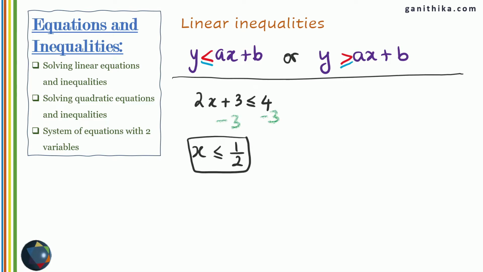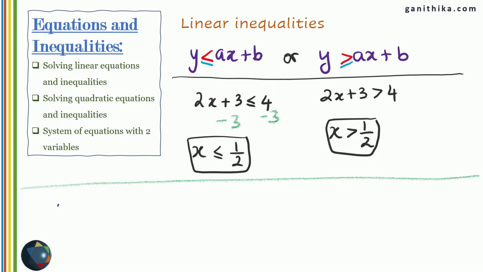But while making x the subject, you will have the sign less than or equal to instead of equal to here in the answer. The same goes with greater than. You'll solve this in the same way as you did for equation, but the final answer will be x greater than half, which means you have a set of solutions. All the x values which are greater than half will be the solution set for this inequality. For all linear inequalities, the solution is not a single answer like in linear equations. There will be a set of values.